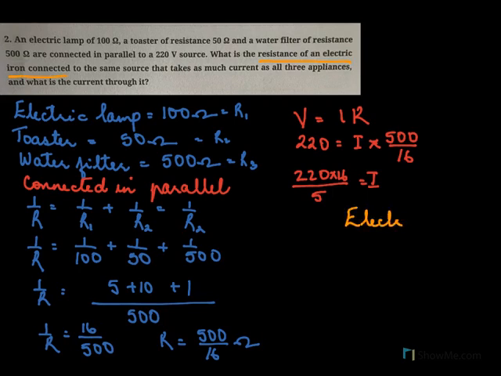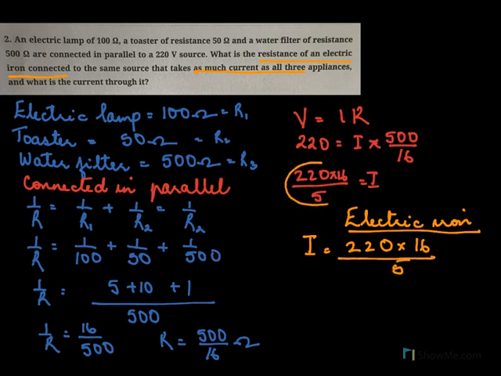So now we are dealing with an electric iron. For this electric iron that takes as much current as the three appliances, the current is the same. So the current here also is 220 into 16 over 500, just like this current, same current.